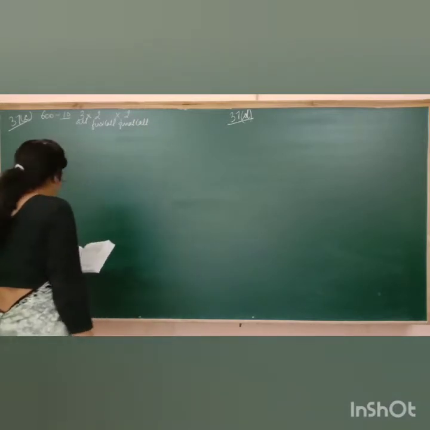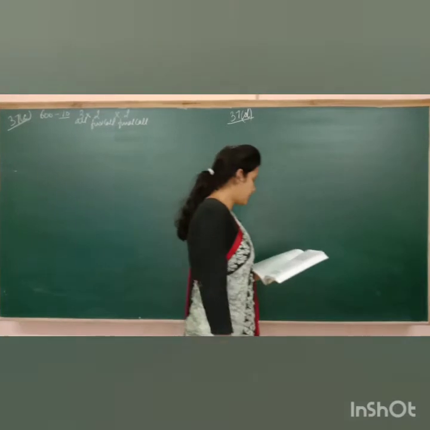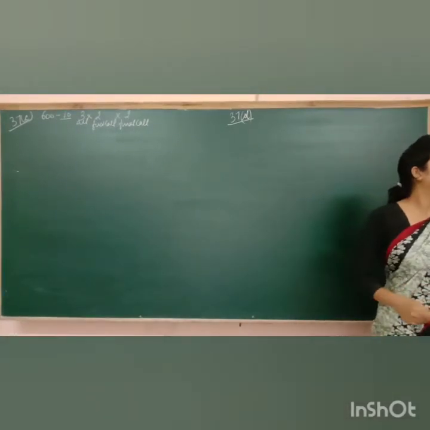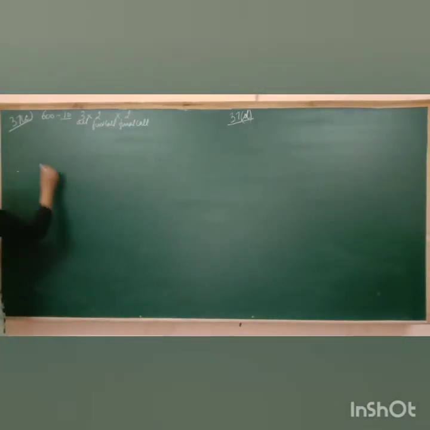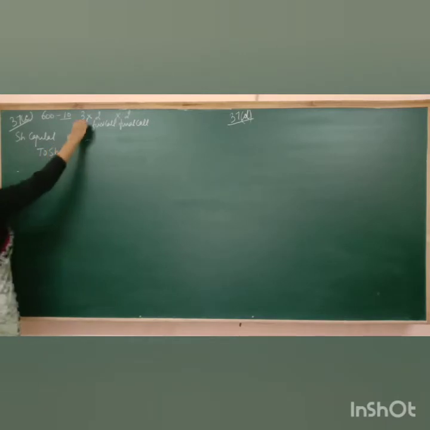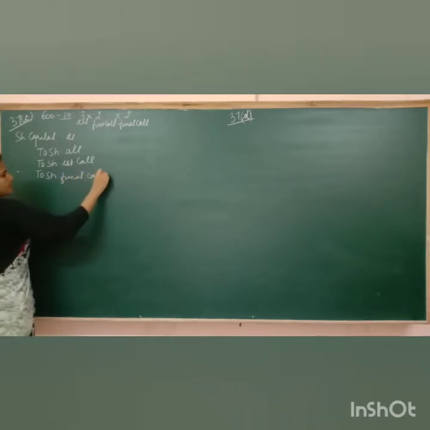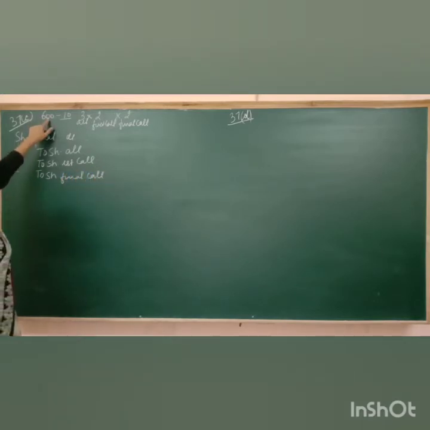Fine. Then how many shares we have reissued? 400 shares were reissued at the maximum rate of discount allowed by the law. That we'll see later on. First of all, pass the entry for forfeiture. Simple entry is there. Share capital debited to share allotment, share first call, share final call. 600 shares we have forfeited.